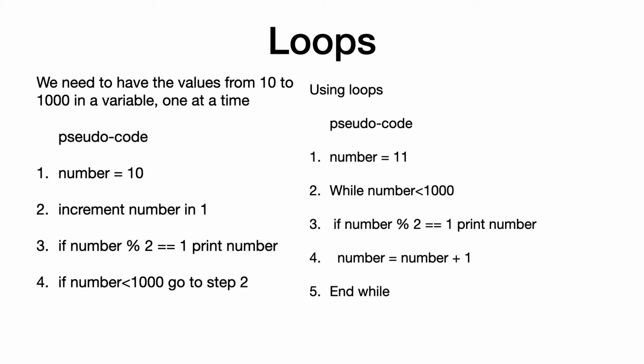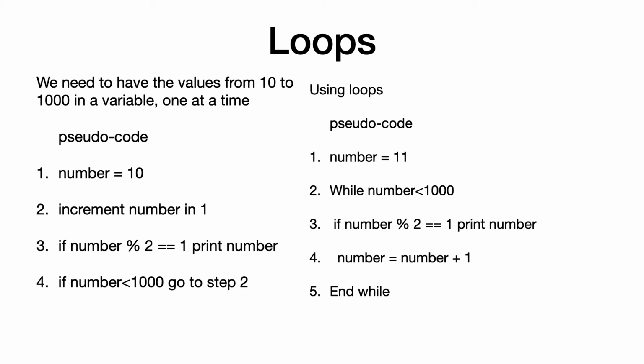On the right side, we use while. In this example, you can see in line 5, we don't have to state a go to line 2. The end while structure just gives us that functionality. We don't have to state go to.